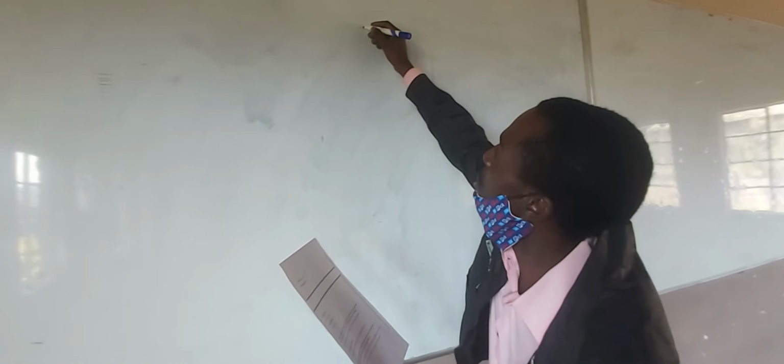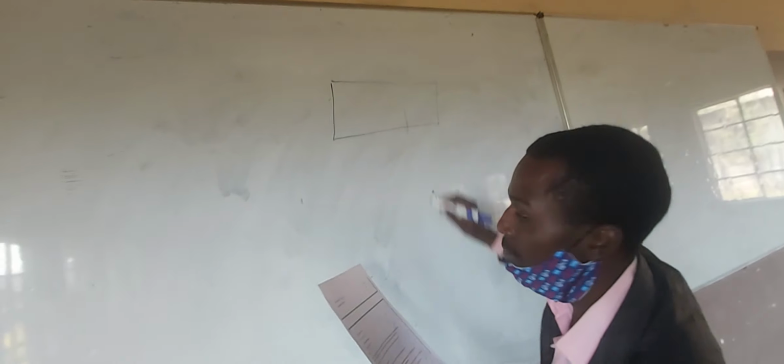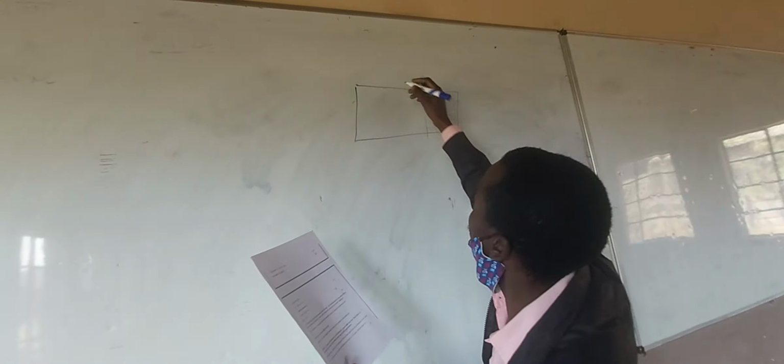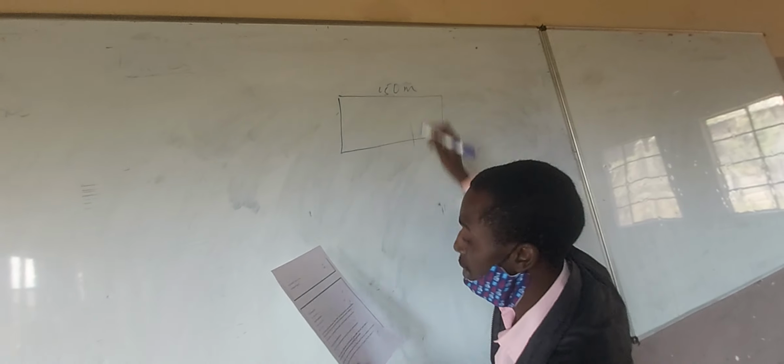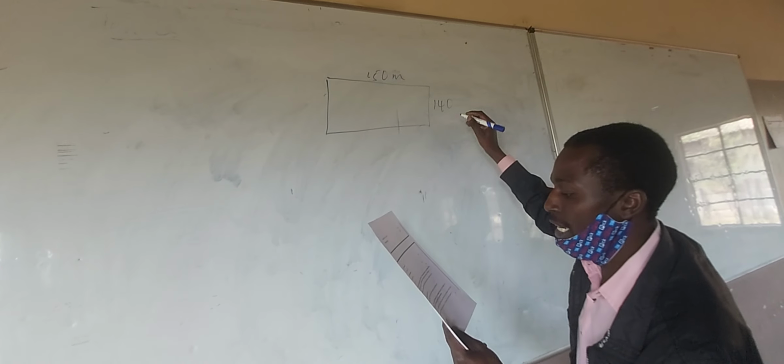So you need to sketch a diagram of the farm. So the length was 150 meters, then the width was 140 meters.